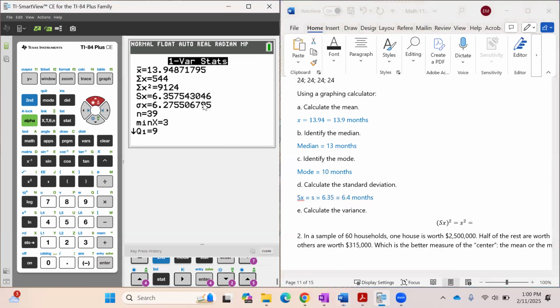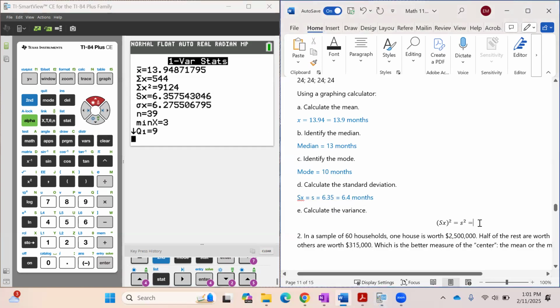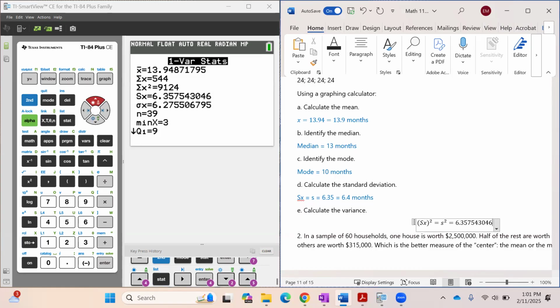We're going to take the whole number from our calculator, that whole 6.357543046, and we're going to square that whole number. So let's go ahead and do that. Let me rewrite that, sorry.